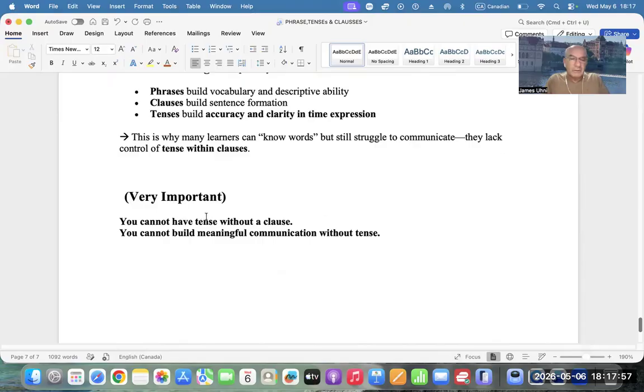You cannot have tense without a clause. And you cannot build meaningful communication without tense. Once again, you cannot have tense without a clause, and you cannot build meaningful communication without tense.